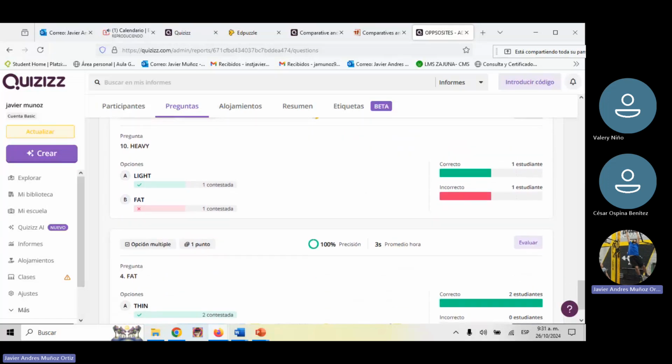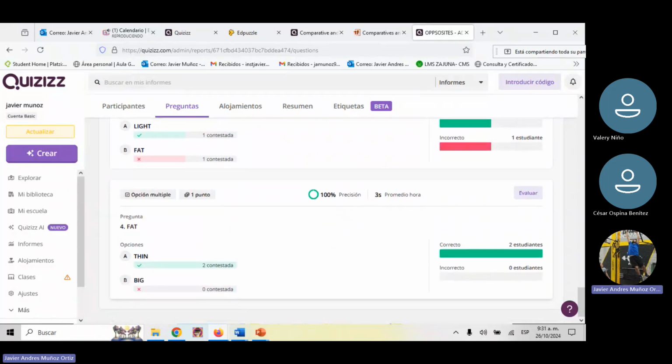And the opposite of heavy, light, pesado, liviano, no? Because light can also mean the light of the sun, the light of the light bulb, right? Light can have many meanings according to the context, but in this context it is the opposite of heavy, so pesado, liviano. Fat, gordo, and this is correct.